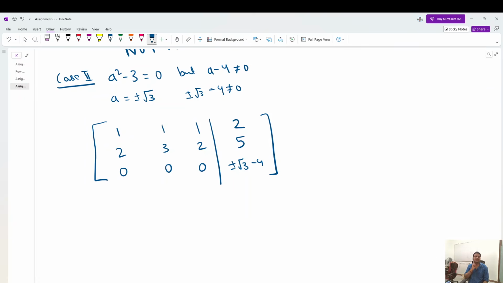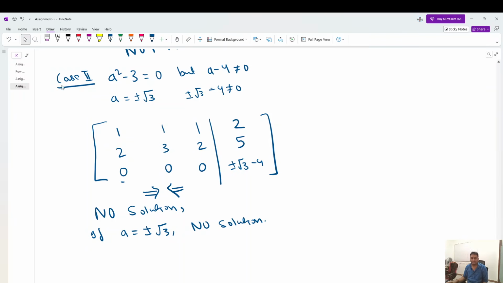So 0 into x plus 0 into y plus 0 into z is some non-zero number. This is not possible, so this is a contradiction. So what will you say? No solution. If A is equal to plus minus root 3, then no solution.